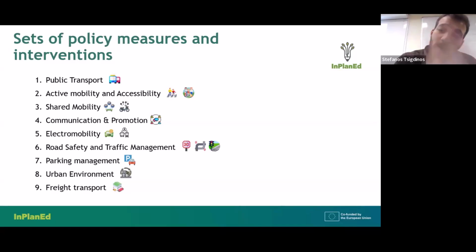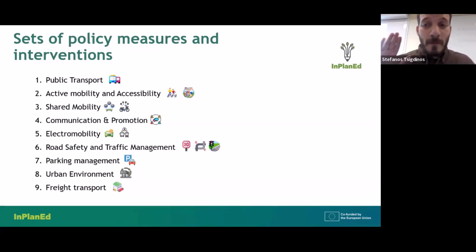So we have one clearly designated for transport and one other clearly designated for urban planning, but they do not have any connection. So in SUMPs, we reverse that connection, which is limited or even absent, and we establish a real connection between these two elements.